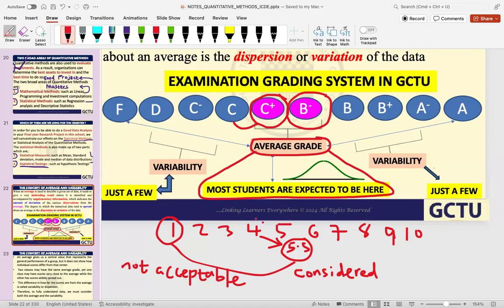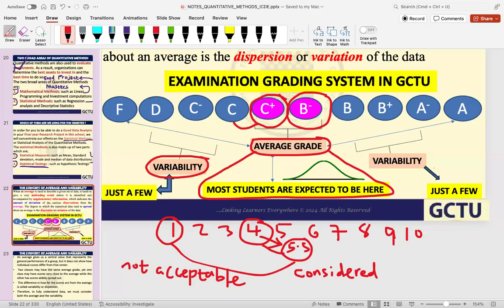So even though 4 and 1 are all below the target, but because 4 is a bit closer to 5.5, that one is given consideration. Because 1 is far away from the target, it is not acceptable. And this is what I have labeled as variability.